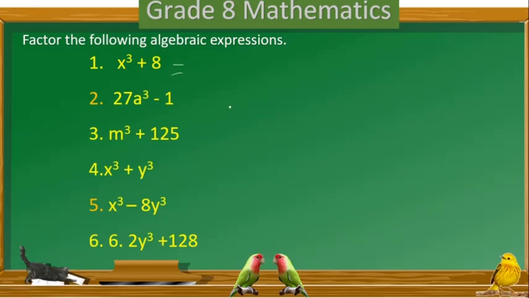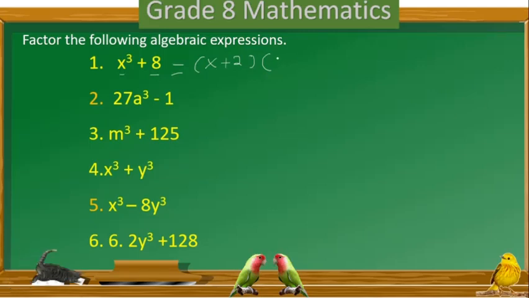First we have to find the cube root of the first and second terms. For x cubed we have x, plus the cube root of 8, that is 2. Then we square the value of a, which is x.